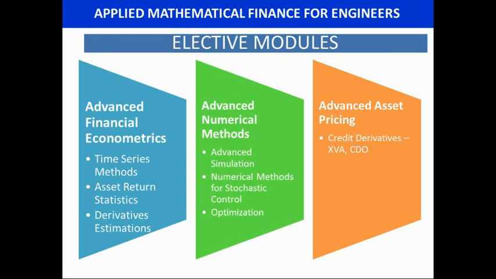And after that, one can opt for some elective modules. Just to mention a few I mentioned here, like advanced financial econometrics, where advanced time series methods are used, like ARIMA and ARFIMA, and advanced models for derivatives estimations are taught.